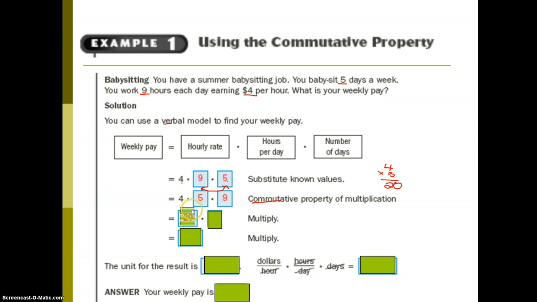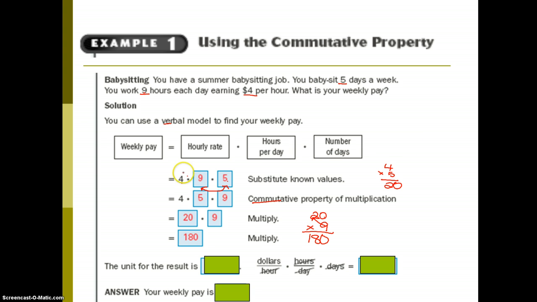Now you can multiply, which is 20, and then multiply 20 times 9. And again, you shouldn't have to come over here and do it on the side of your paper. Because when there's a 0 at the end, just do 2 times 9, which is 18, and add that 0 at the end. That's something you should be able to do in your head.